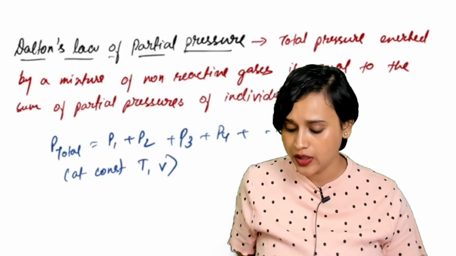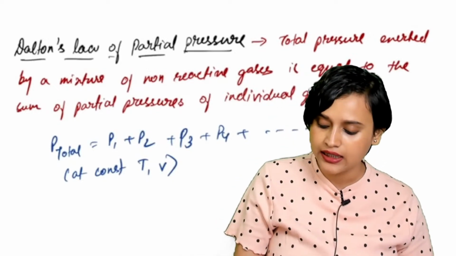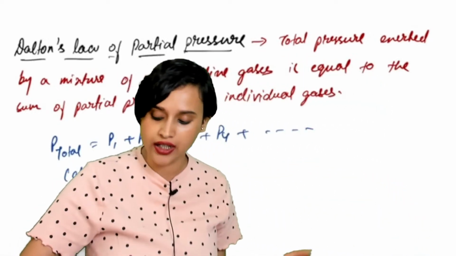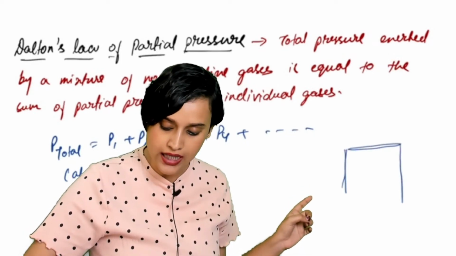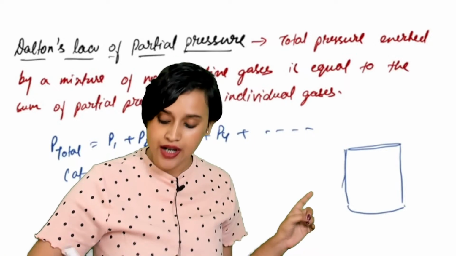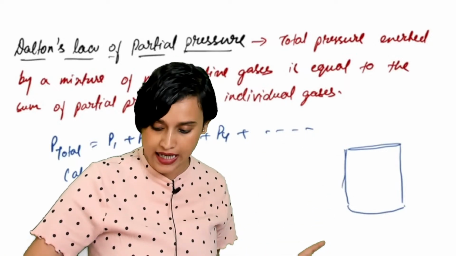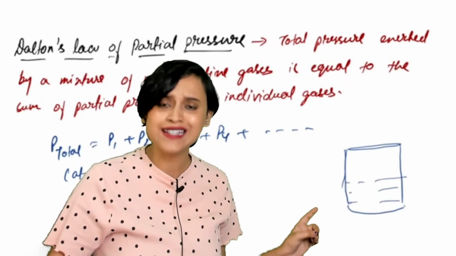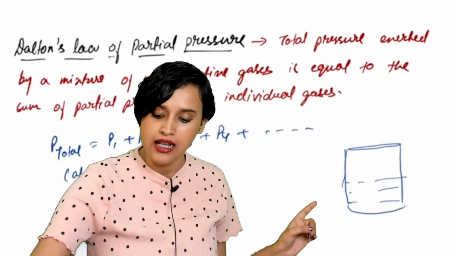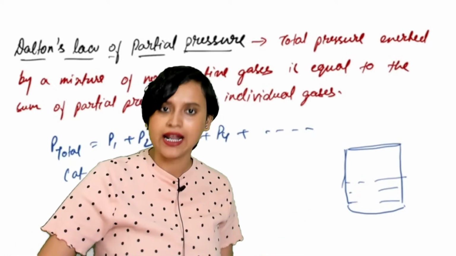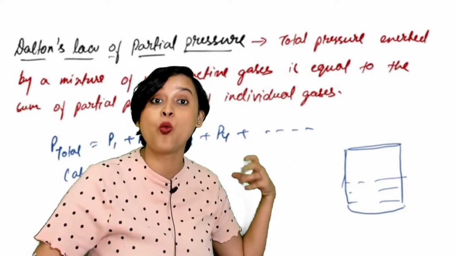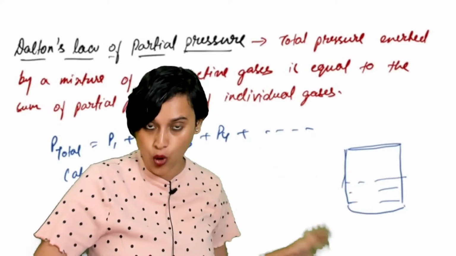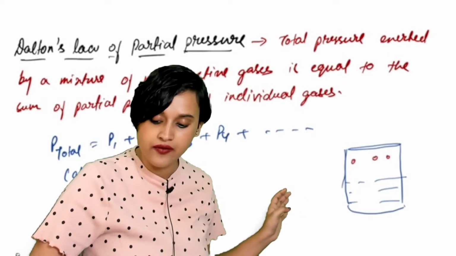All right, everybody. Now let's say that I draw a container here. In this container, this is my liquid part, and by the liquid part, I mean that there is some amount of water. And here is my vapor phase.